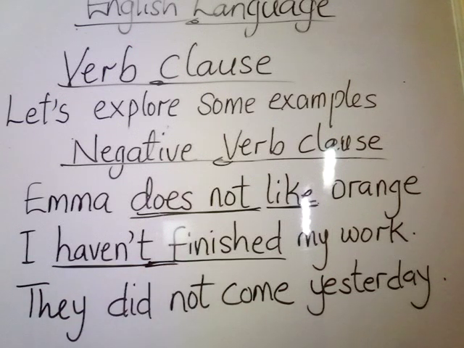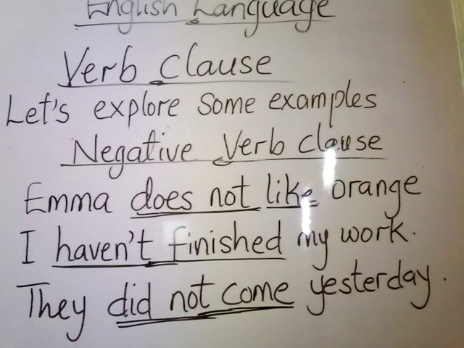And the last example in this category is they did not come yesterday. They didn't or did not come yesterday. Again, come is the main verb, and did not form the auxiliary or helping verb. So together, did not come forms the verb clause.